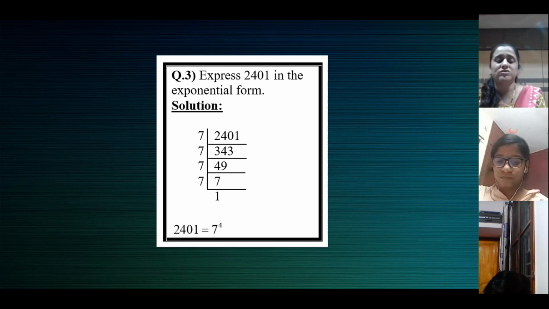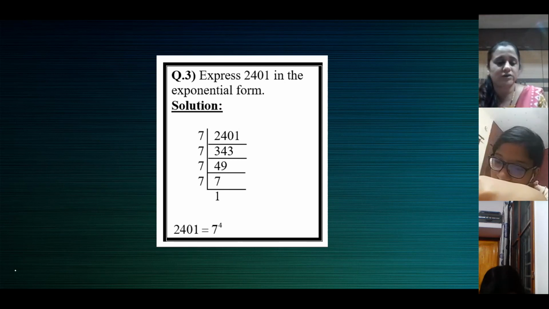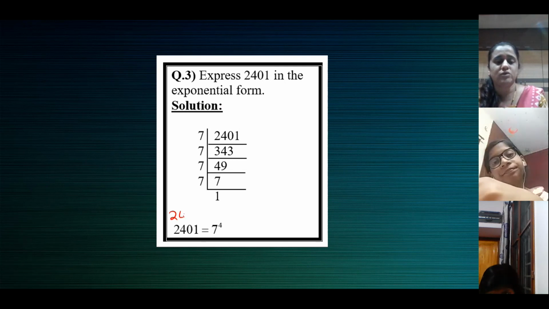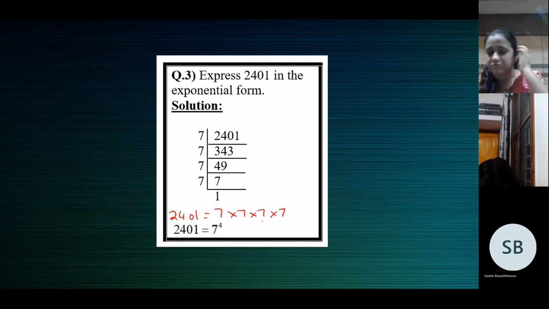You must write 2401 in the exponential form. So the base is 7, the power is 4. How do we get that answer? Because 2401 is equal to 7 into 7 into 7 into 7. So 7 to the power 4.